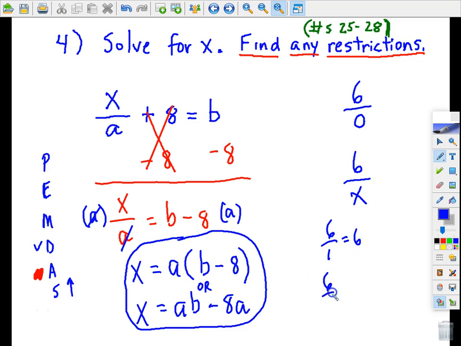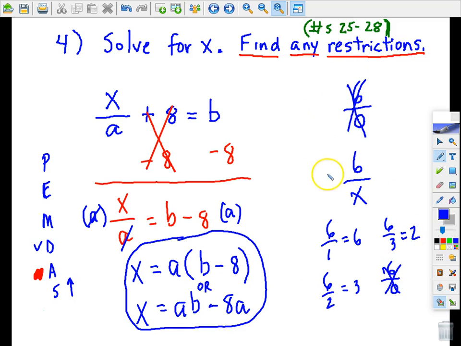I could let x be 2 and I would get 3. I could let x be 3 and I would get 2. And we could do this for any real number we want for x, except I couldn't do that for x is 0. Because again, this is not possible.